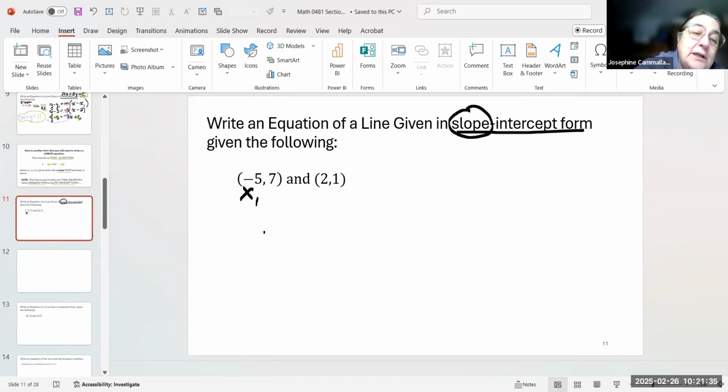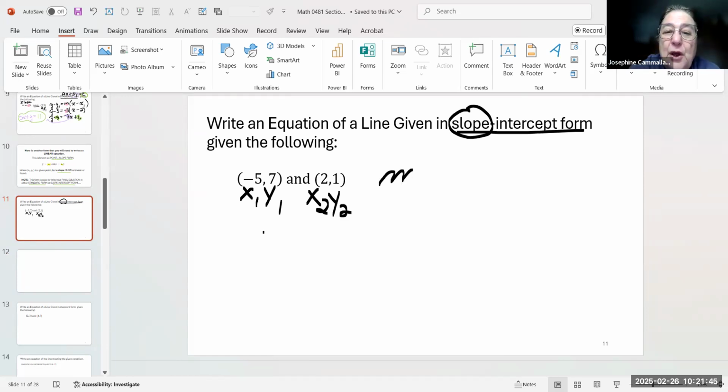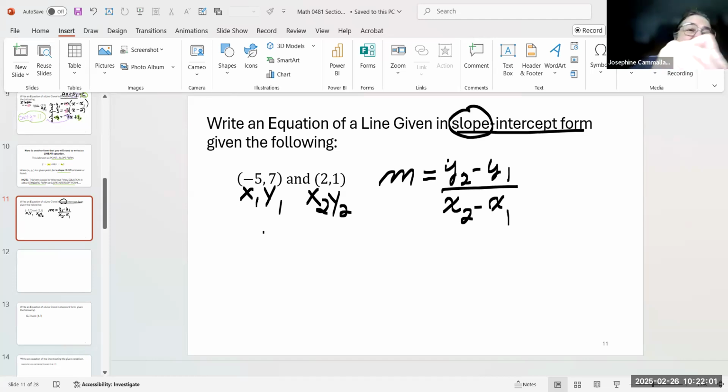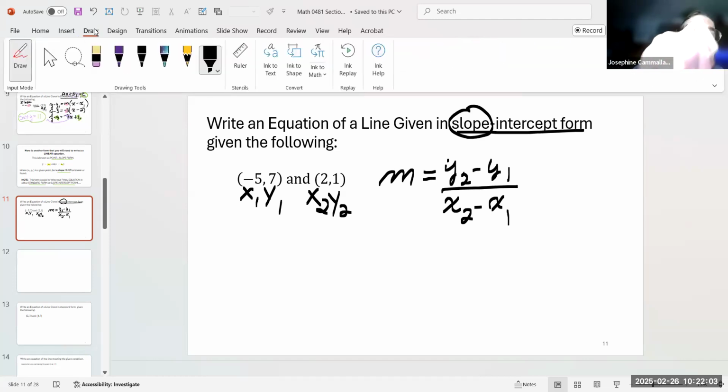This is x1, y1. This is x2, y2, which means my slope, remember, is y sub 2 minus y sub 1 over x sub 2 minus x sub 1. Well, I've got to fill in.